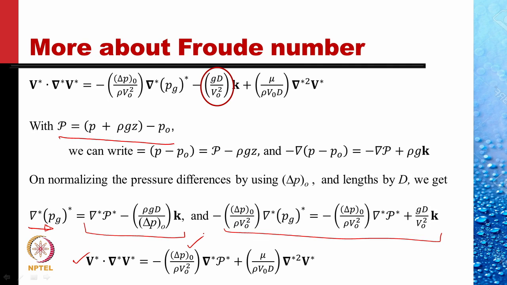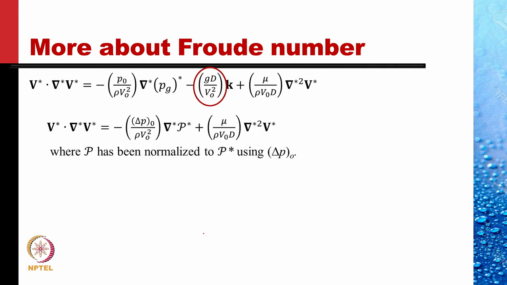And we see that the Froude number has disappeared from the equation completely. This is the equivalent equation that we obtained in the last slide, and here P has been normalized to P star using delta P naught.